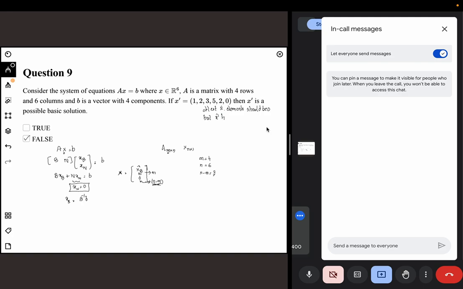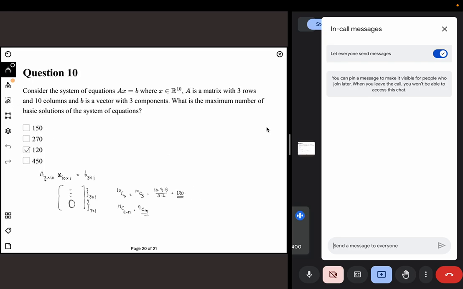X prime has only one. And then we understood how to find the number of possible basic solutions, that is basically NCM combinations.